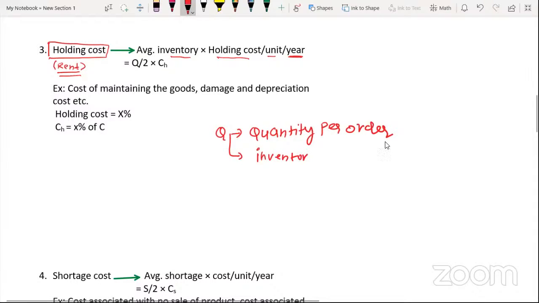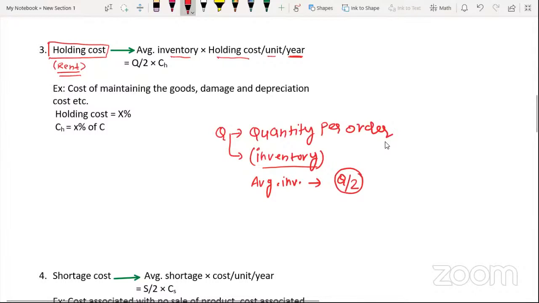Inventory means units or any quantity. So this Q is also known as quantity, or inventory. So holding cost is defined as average inventory. If Q is inventory, then average inventory will be Q by 2. So why Q by 2?